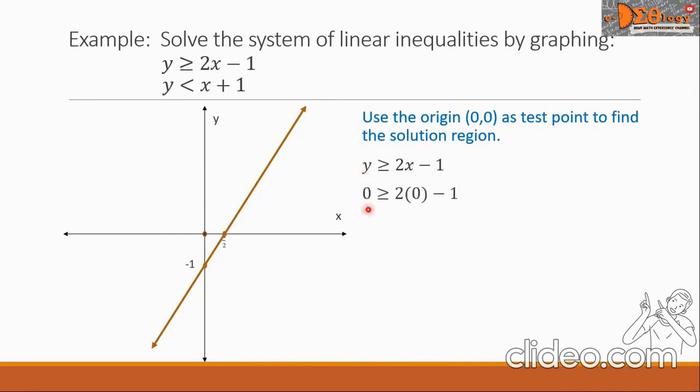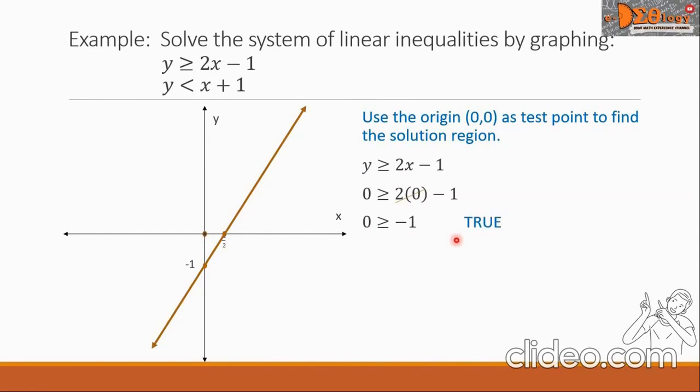So we have y becomes 0 is greater than or equal to 2 times x, and the x becomes 0, and minus 1. 2 times 0 is simply cancelled out. So we have 0 is greater than or equal to negative 1. And this is a true statement.